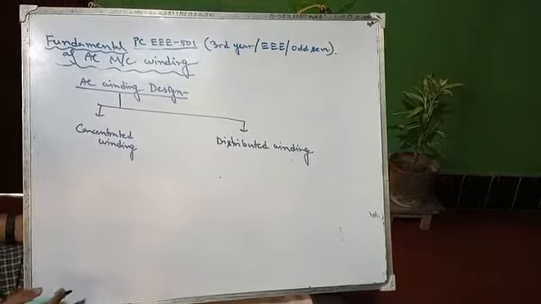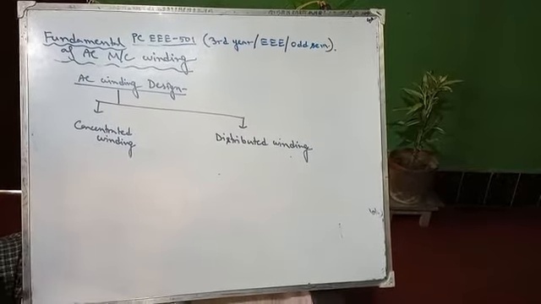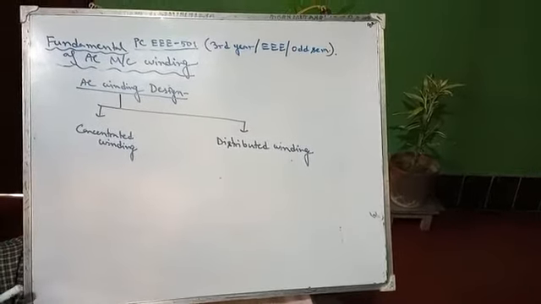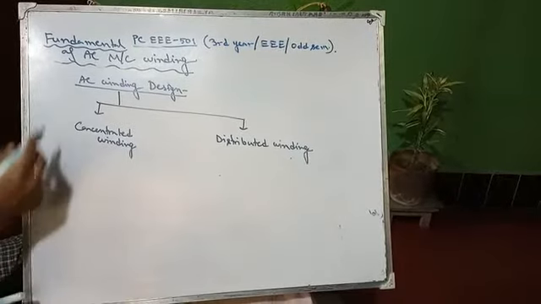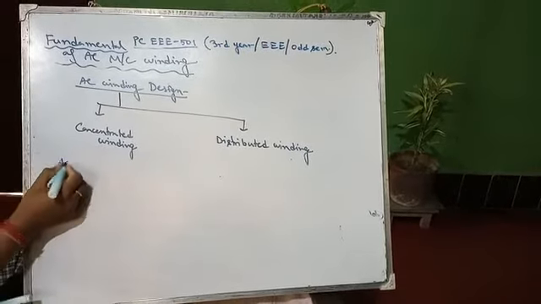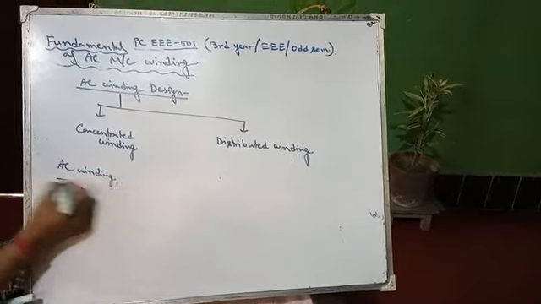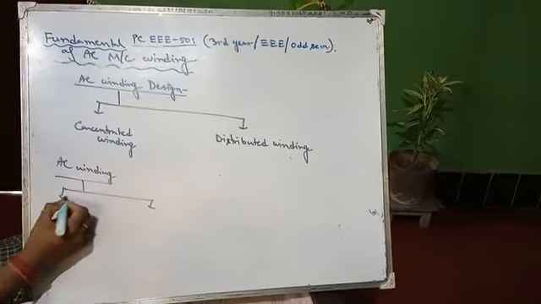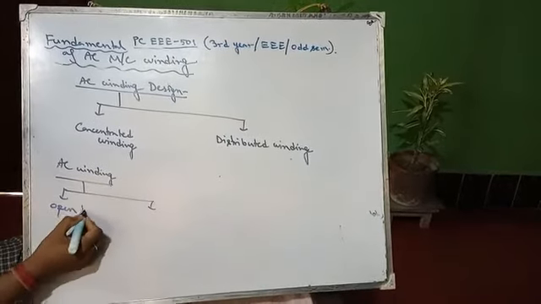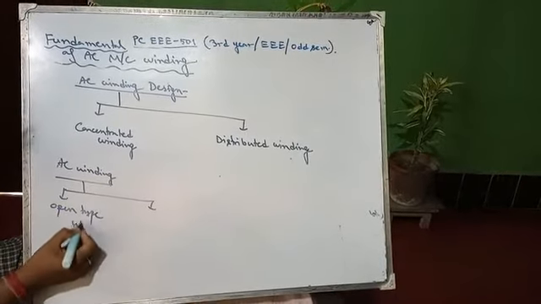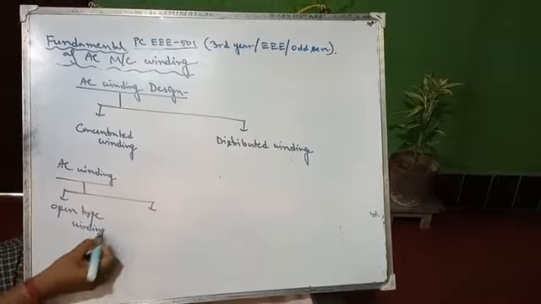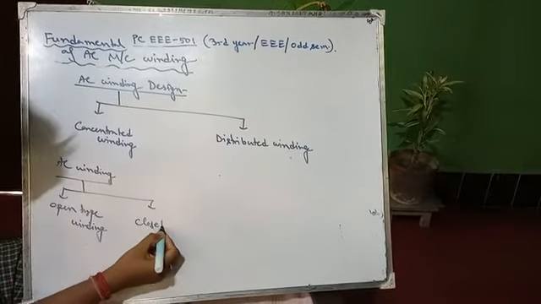Similarly, AC machine windings are also classified into two types: open type winding and closed type winding.